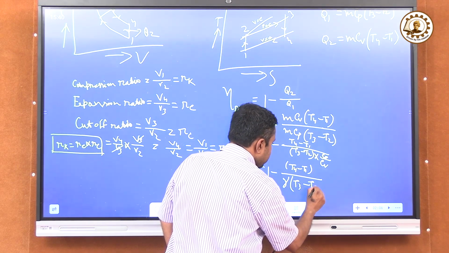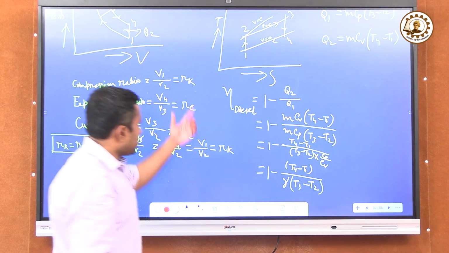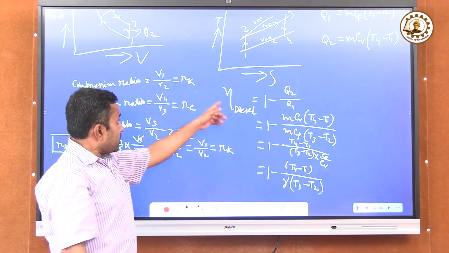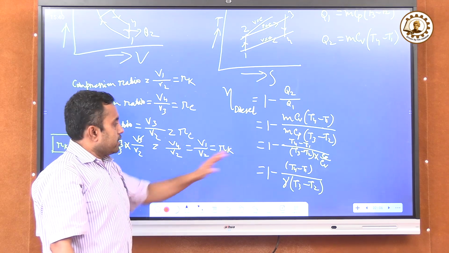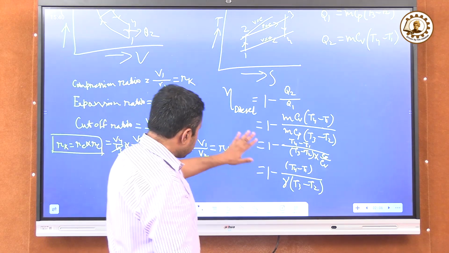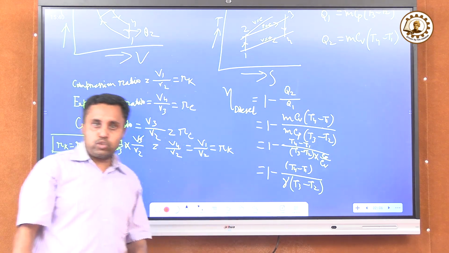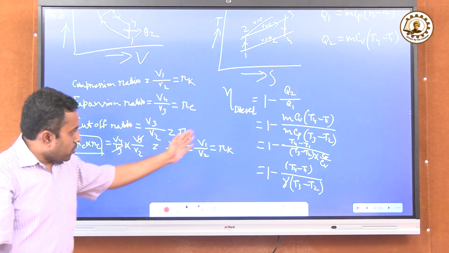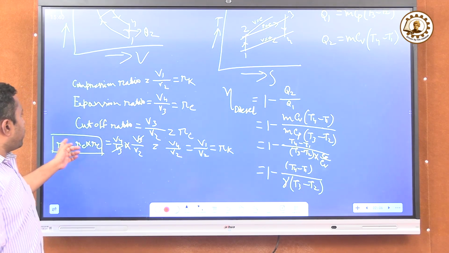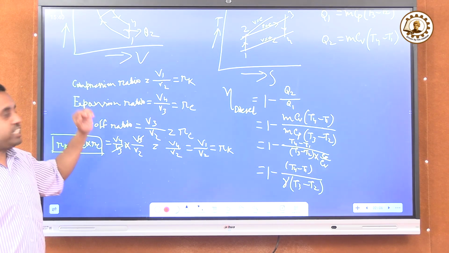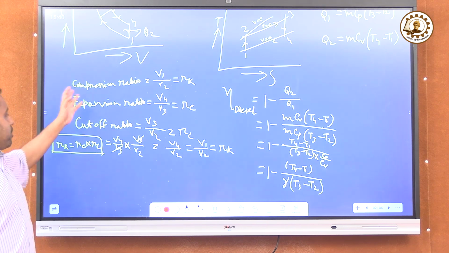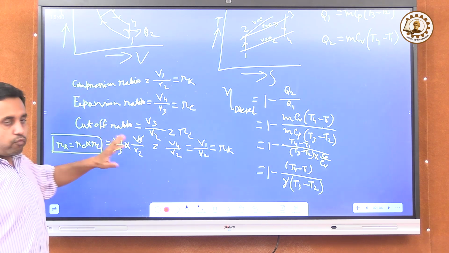This is the derivation of the efficiency of the diesel cycle. Now we have to convert this expression into different ratios. It may be the expansion ratio, it may be the compression ratio.